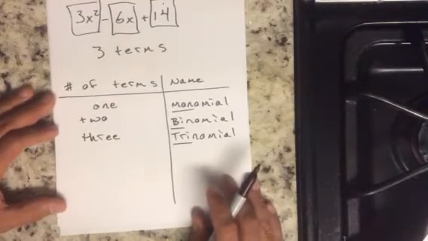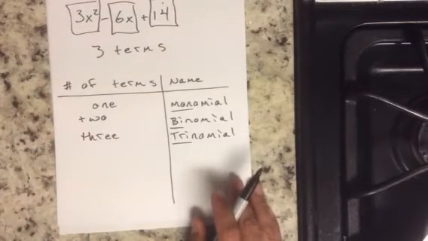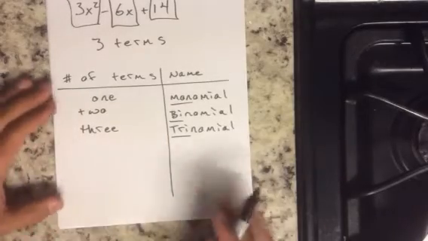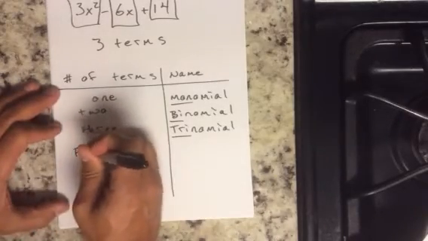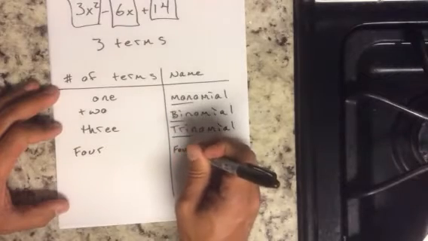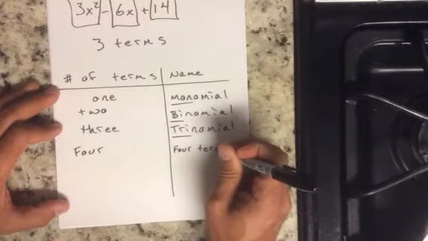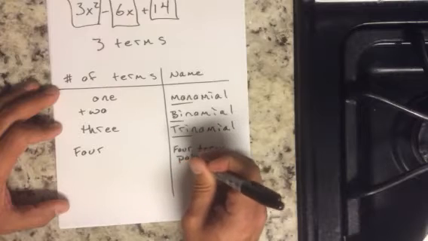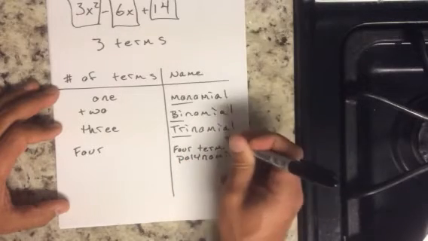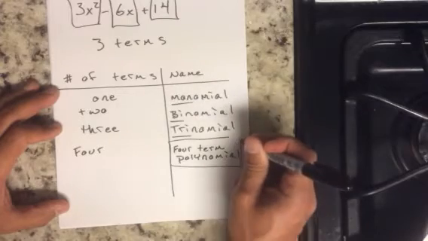because tri means three. Now anything after a trinomial, we just call that many term polynomial. So if I have four terms, I'm going to call that a four term polynomial. And I have to put this whole thing.